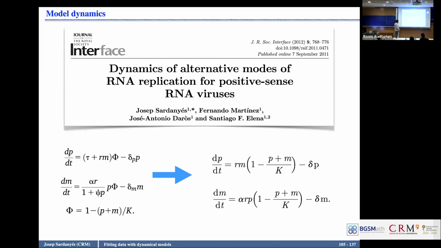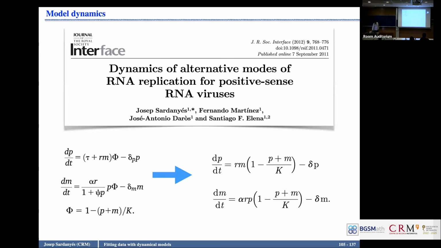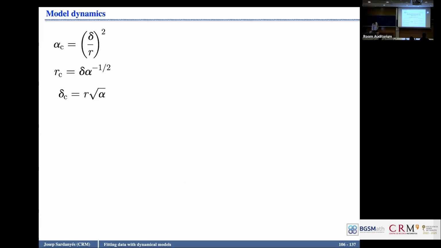The simple model has very simple dynamics that tells us interesting things. These are the fixed points I will show you later. But here there is a bifurcation parameter, or a bifurcation expression, that depends on the model parameters. I would say mode of replication, but it's not the mode of replication. It's the asymmetry within the production.